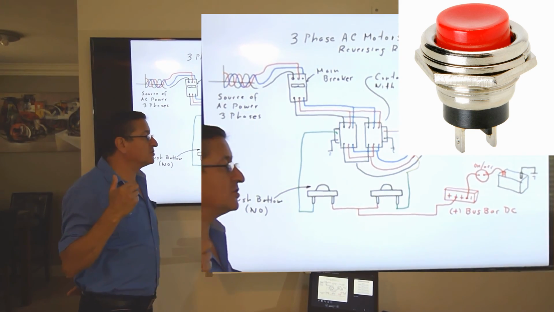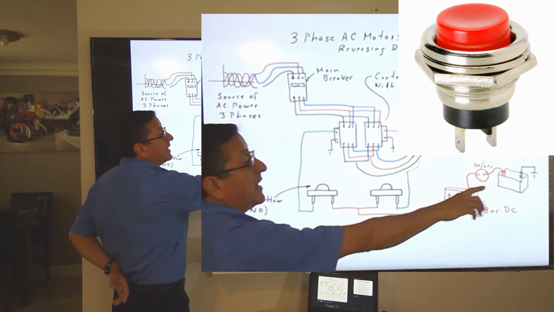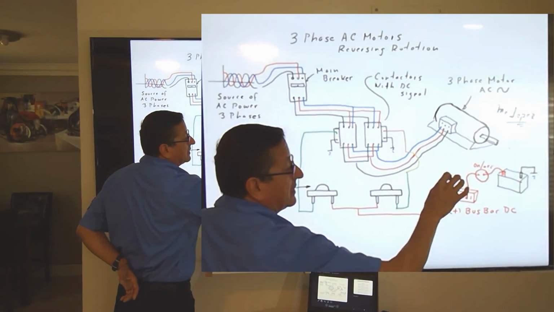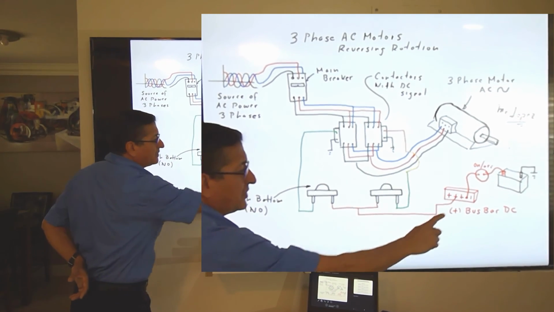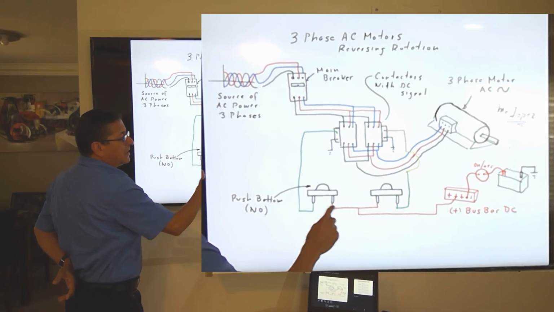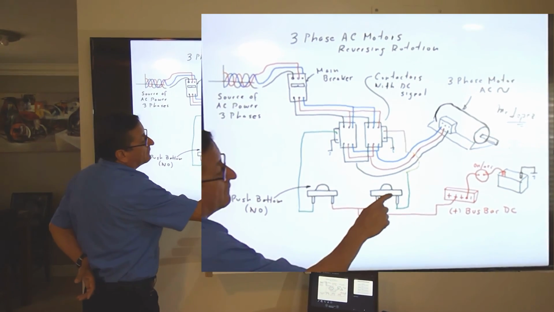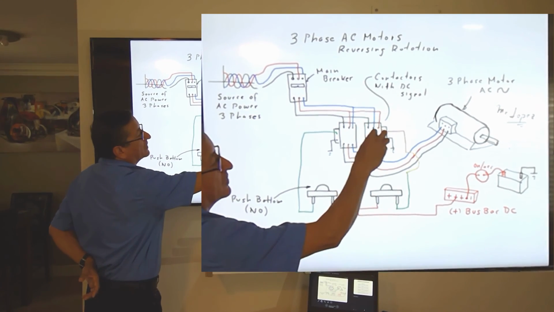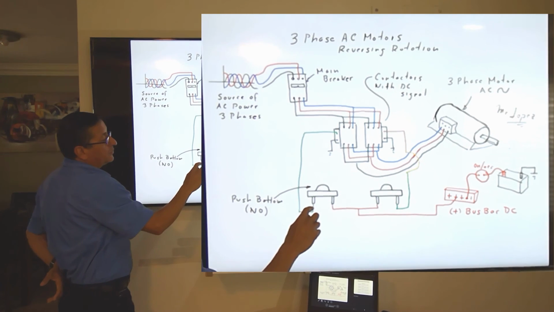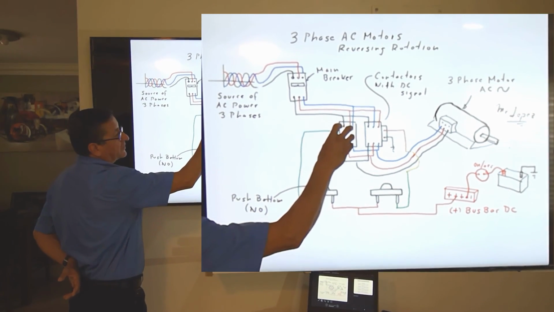This is the positive bus bar of my DC panel, and the positive bus bar receives the power from the batteries. The positive enters in the middle, in between both contactors, and from the output of the second push button I activate the first contactor.